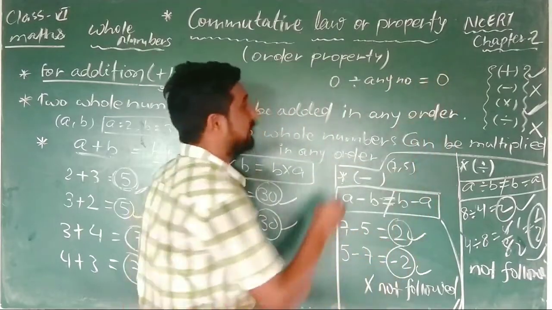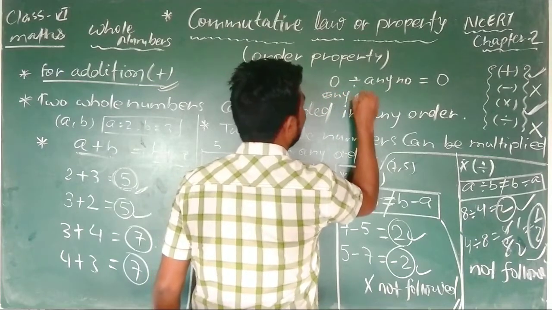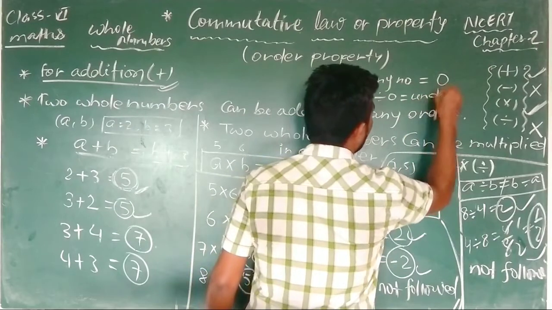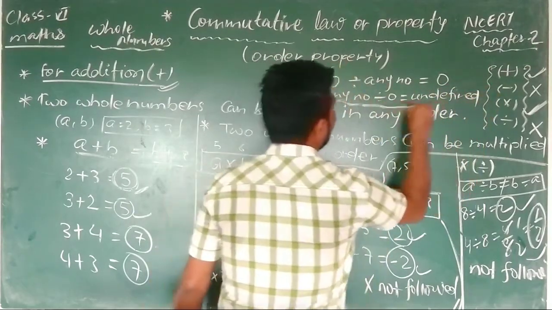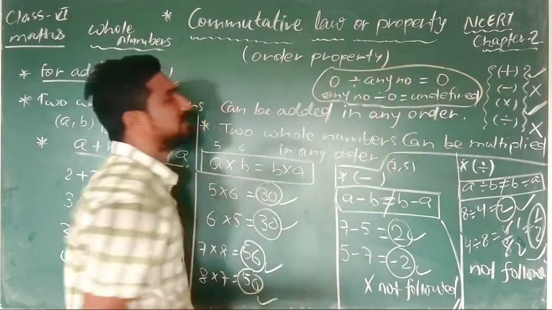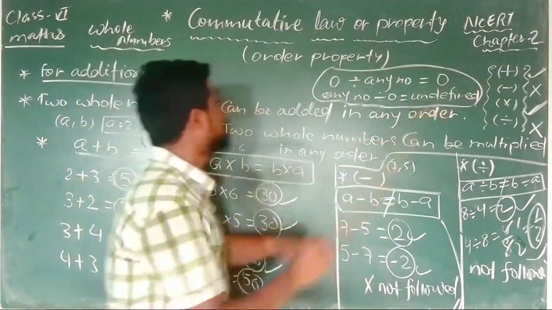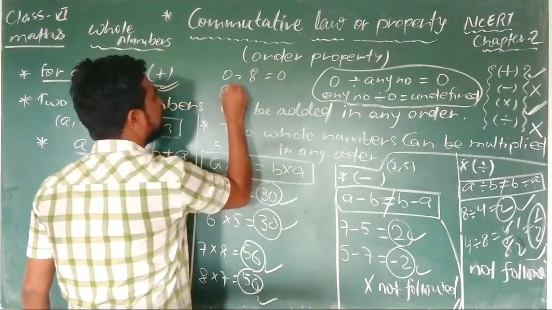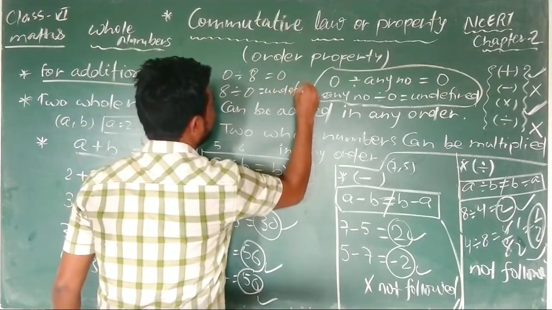But if you divide any number by 0, the answer is undefined. The answer will never come. So whenever we divide any number by 0, the answer is undefined. Suppose you divide 0 by 8, what answer will come? 0. But if you divide 8 by 0, the answer is undefined. Keep this in your mind.